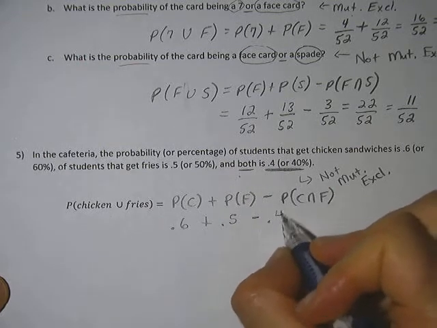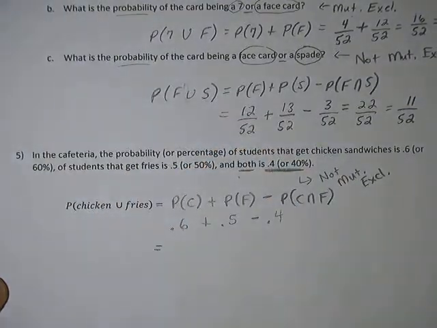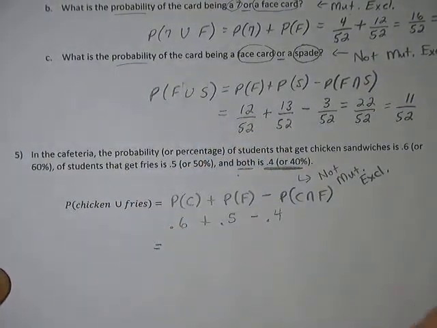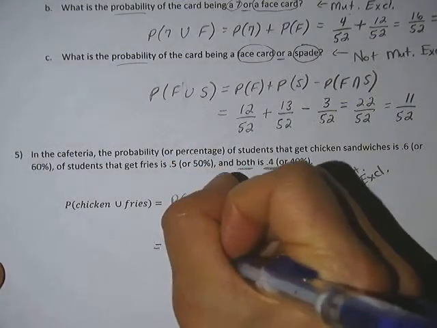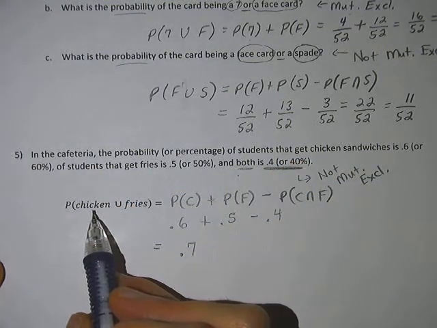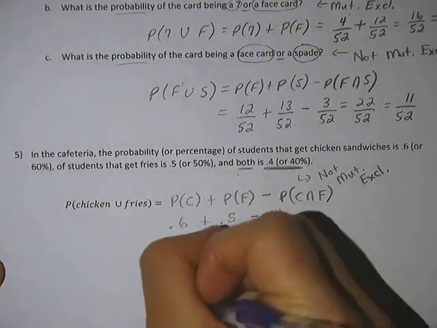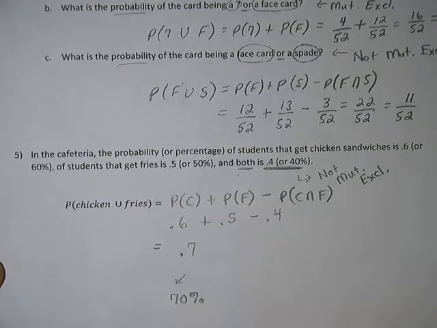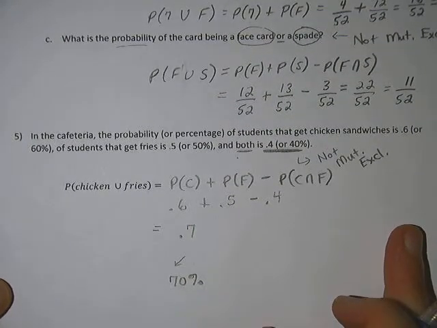So we subtract the 0.4. And then we just figure that out, or we just type it in our calculator and have our calculator give us the answer. But when we do that, we will get 0.7. So that means the probability of a random student walking in, getting a chicken sandwich or fries is, and that translates to 70%. So 70% of the students in this school will get either a chicken sandwich or fries.